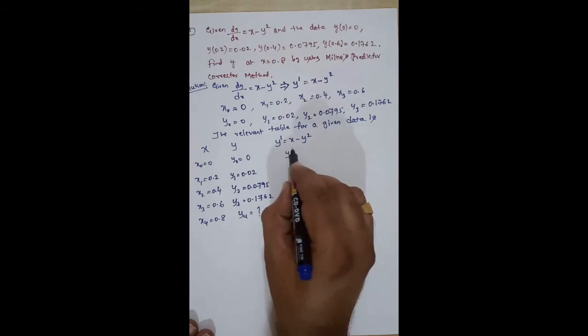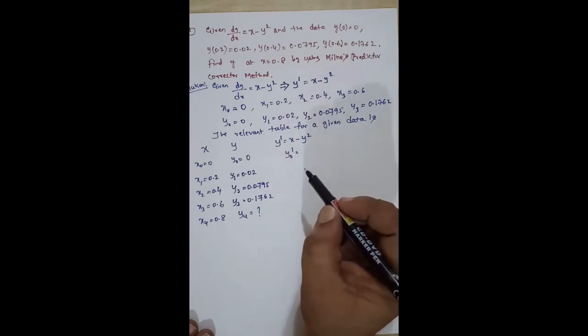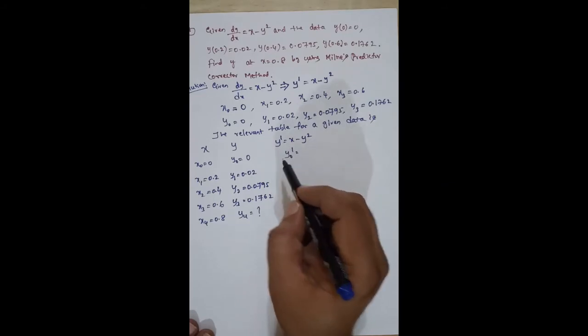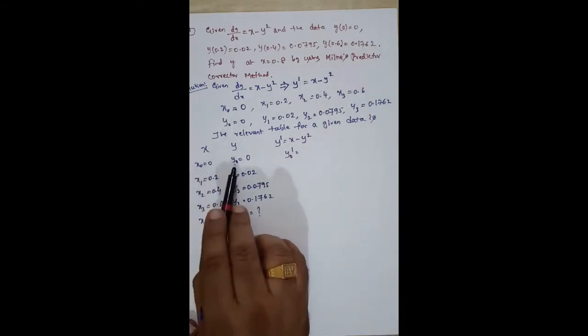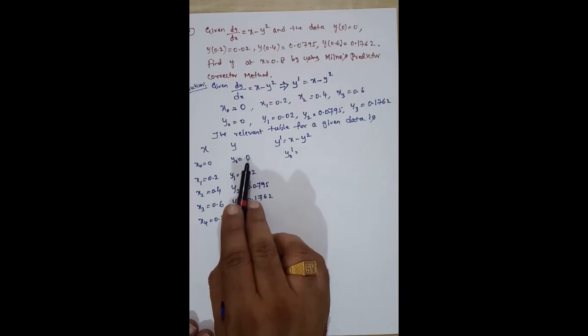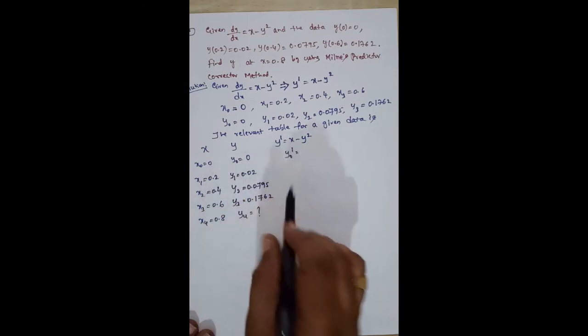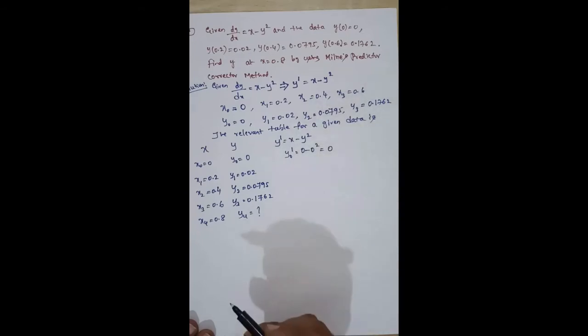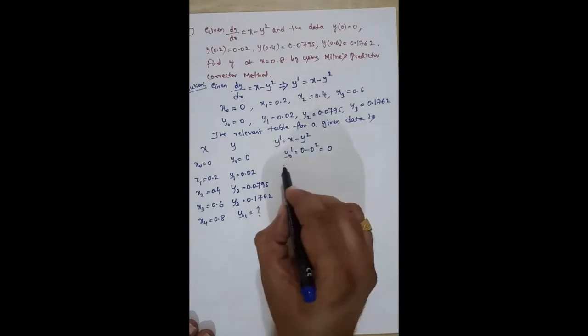So the first one is y0 dash. So how to get y0 dash? See, y dash is x minus y square. y0 dash becomes, put x is equal to x0, y is equal to y0 in this. So it is something like x0 minus y0 square. So I'll substitute these values directly here. So it is 0 minus 0 square. It gives 0.